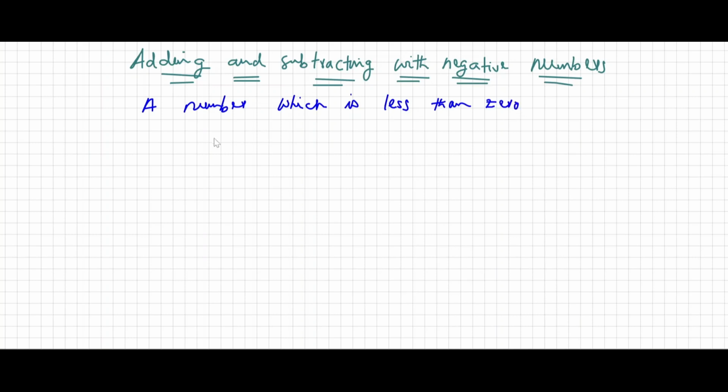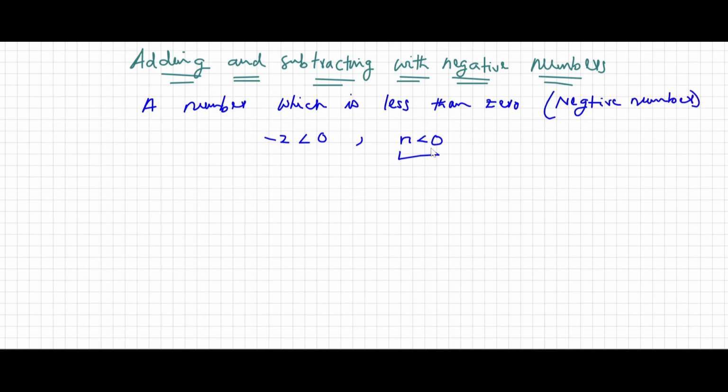If we have a number, let's suppose -2, it's less than 0, so it's a negative number. So that is the definition of a negative number.